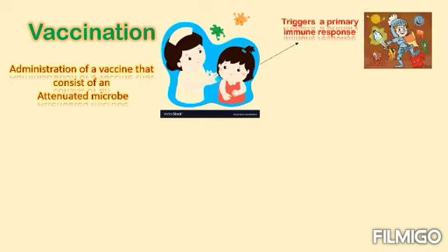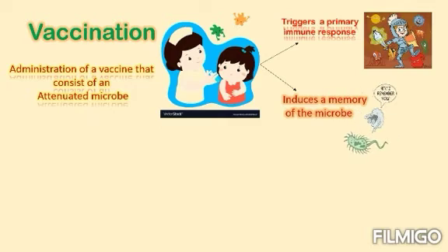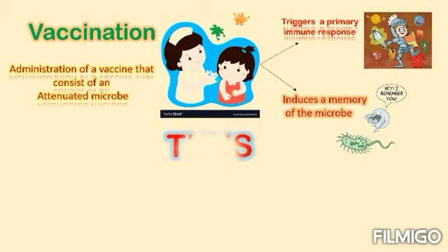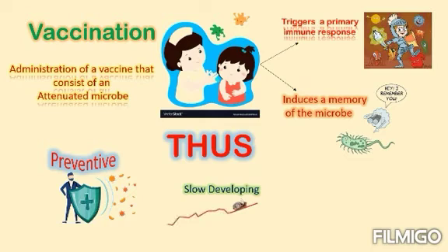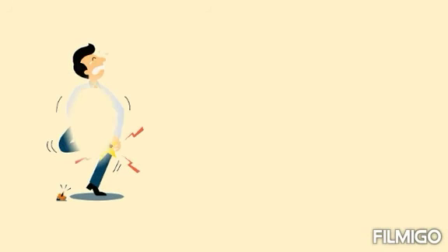So the importance of vaccination is to trigger a primary immune response, and the most important thing is to induce memory against the microbe. Thus, vaccination is a preventive method, and it induces slow developing immunity, but this immunity lasts for many years.